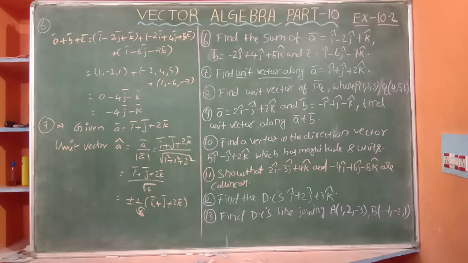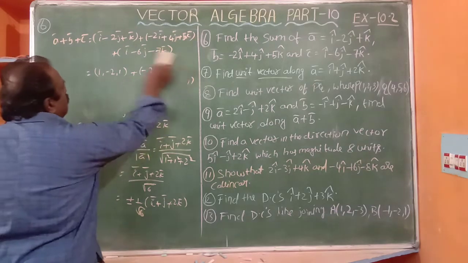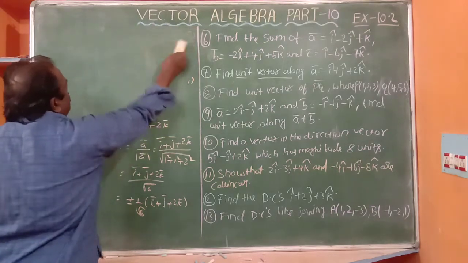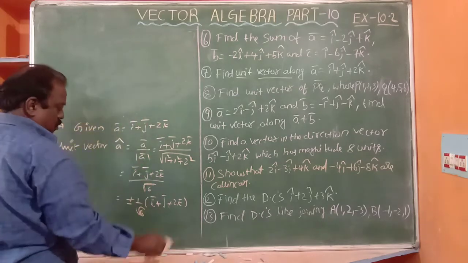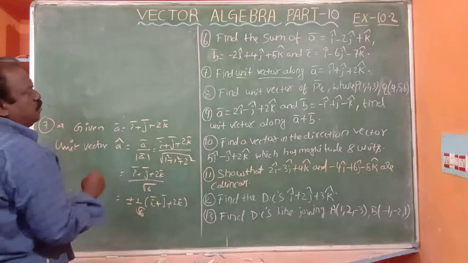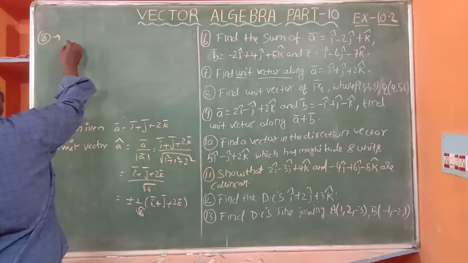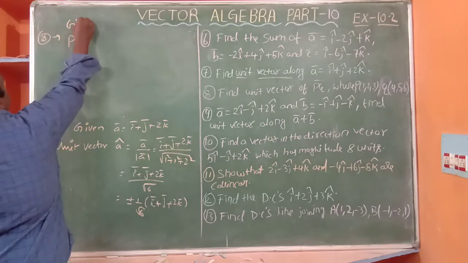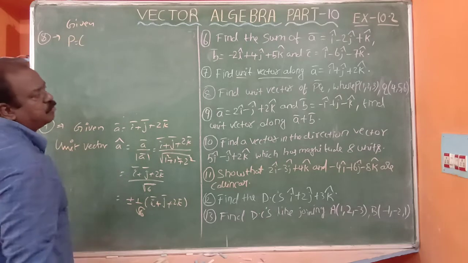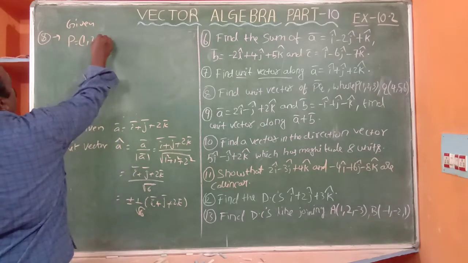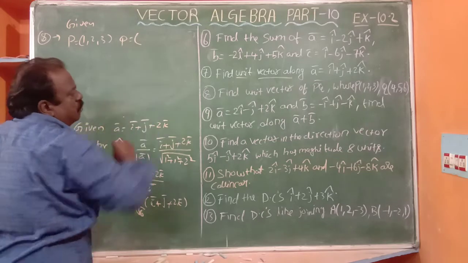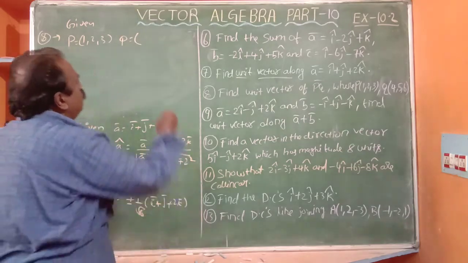Eighth one. Find the unit vector in the direction of PQ bar, where P and Q are given. P is equal to 1, 2, 3 and Q is equal to 4, 5, 6.